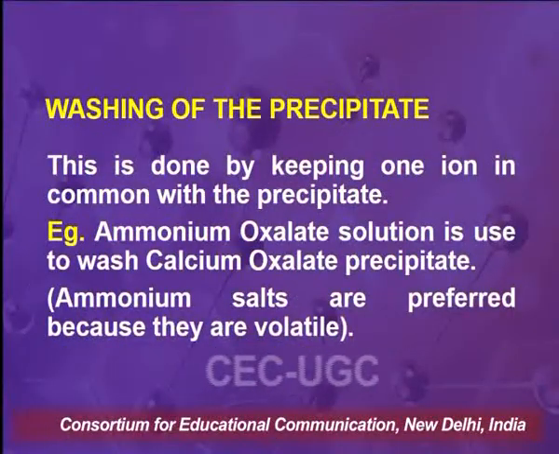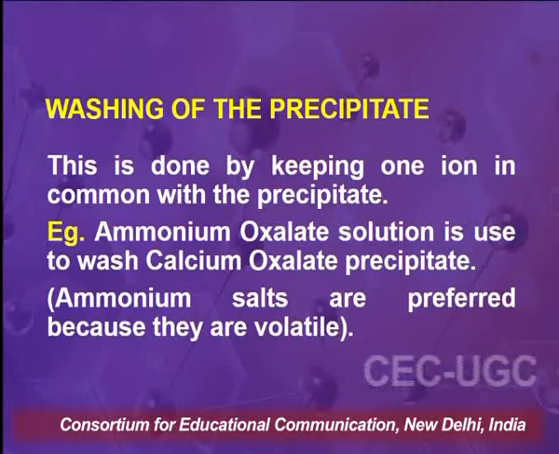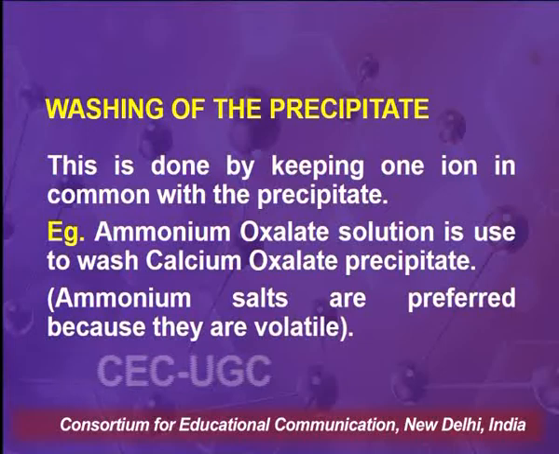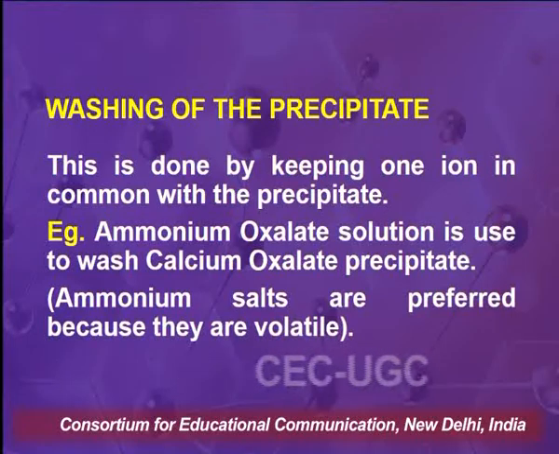The wash solution should be such that the solubility of the precipitate in the wash solution is minimum. This is done by keeping one ion in common with the precipitate. For example, ammonium oxalate solution is used to wash calcium oxalate precipitate.